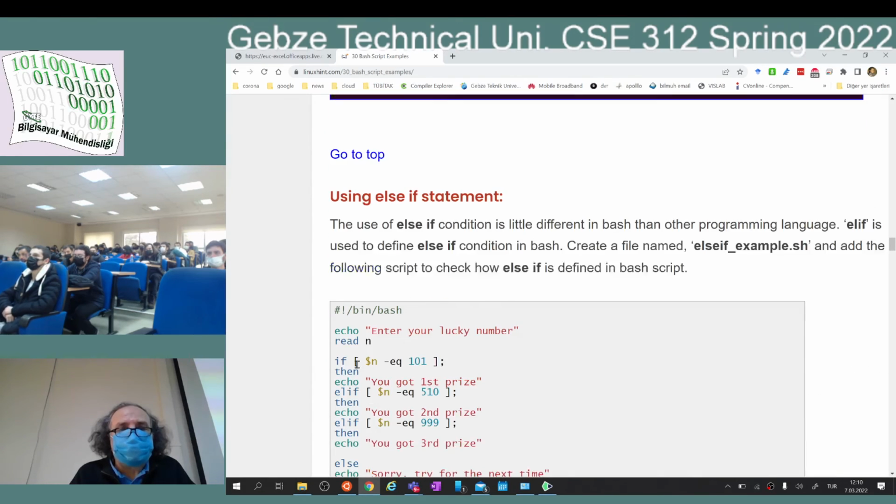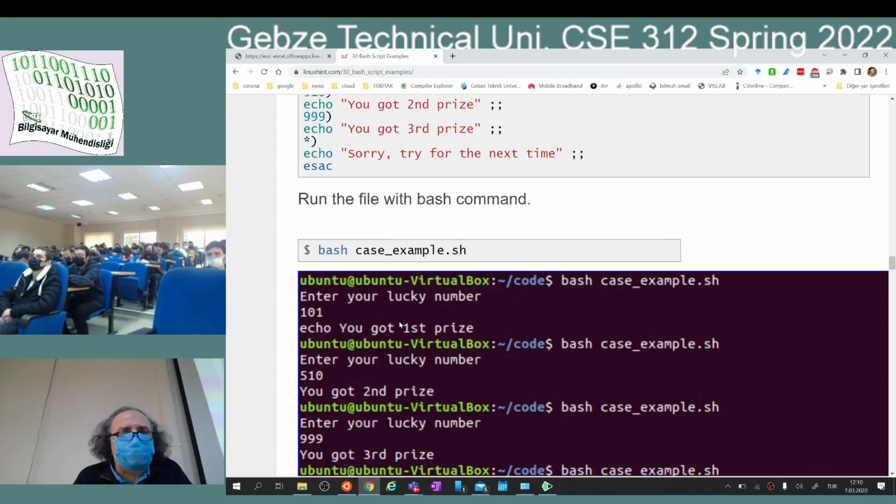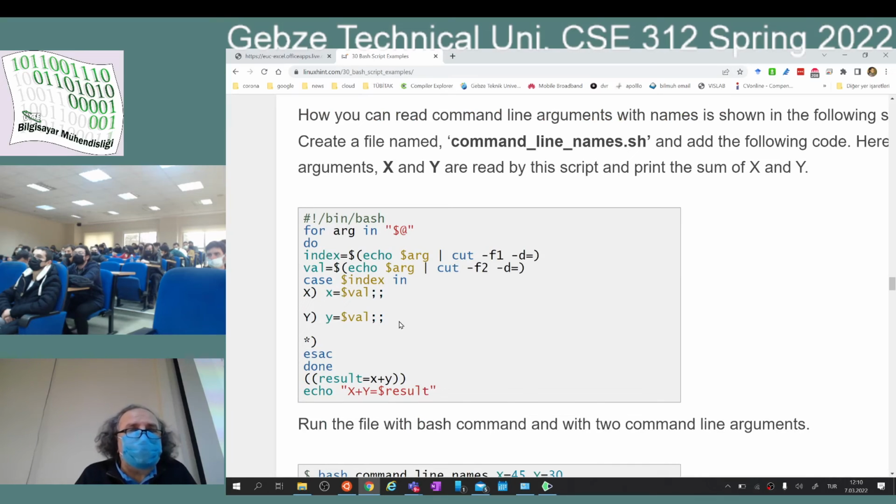Okay, if else. Well, it looks very weird, very ugly without the indentation. But as I said, these are not for writing thousands of lines of code, only very simple code. If you end up writing thousands of lines of bash script code, that means you are trying to do something useful that you need to do in a regular programming language.